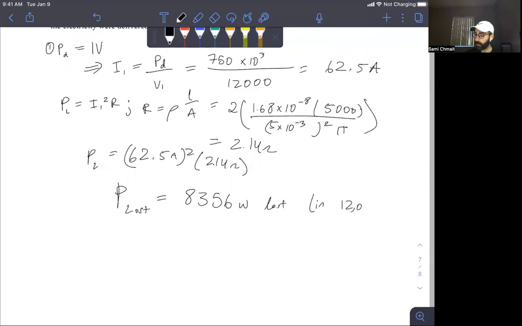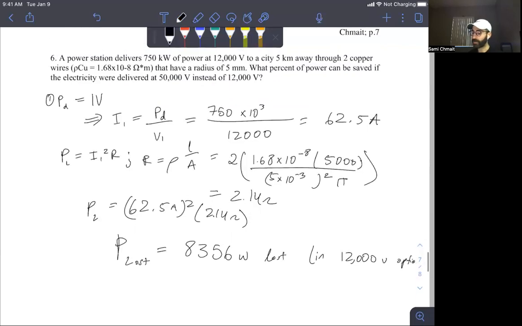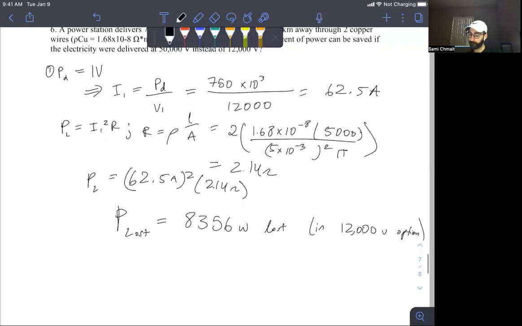And say 12,000 volt option. Okay, that's a lot, right? So that's why, given it's going through a step up, you expect that in the other scenario it will be much less. And if you don't get that, that probably tells you you're solving incorrectly, right?